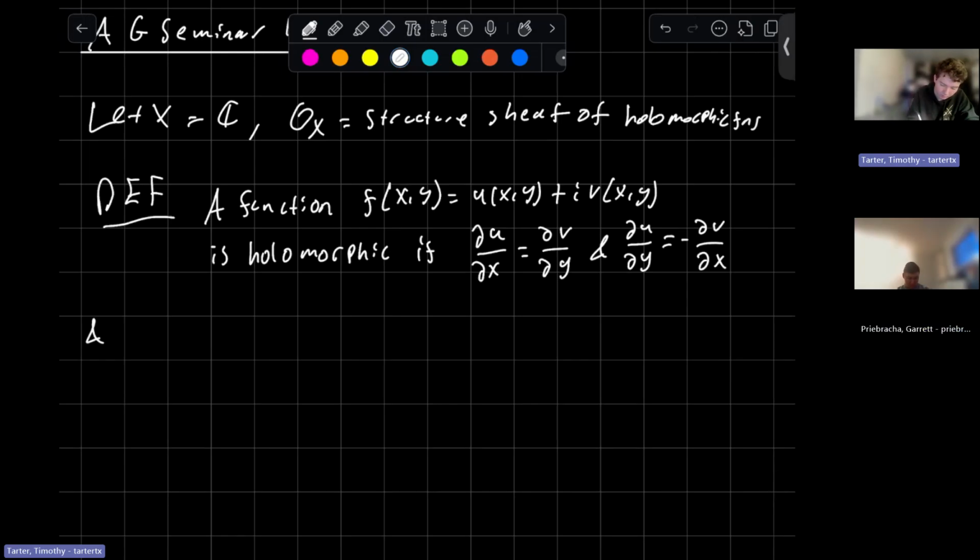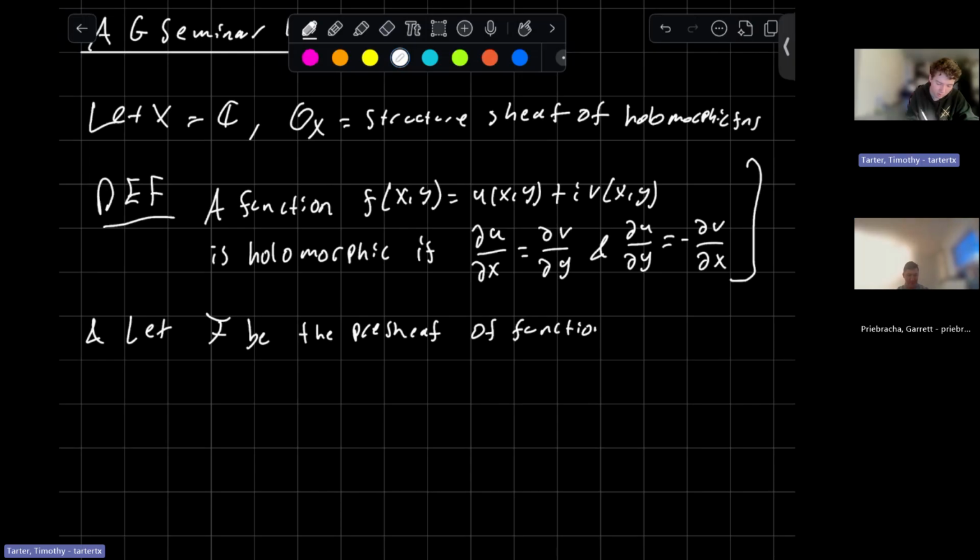And then let script F be the pre-sheaf of functions which admit a holomorphic logarithm.